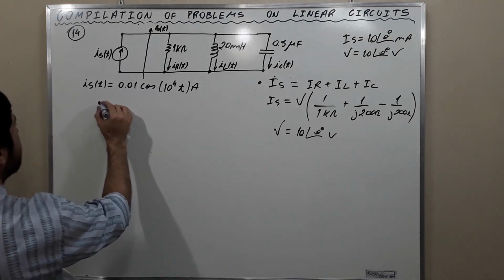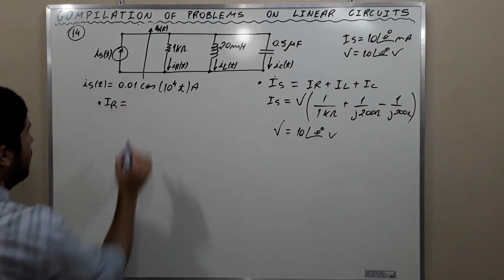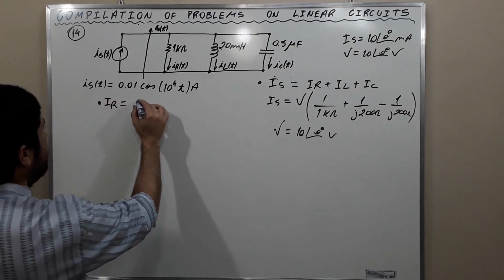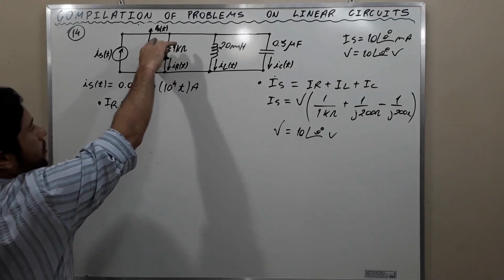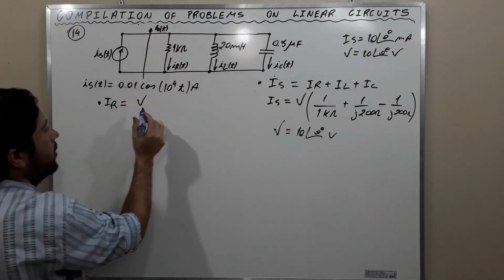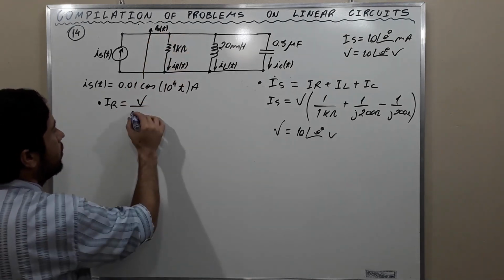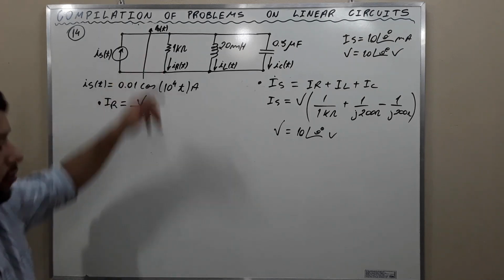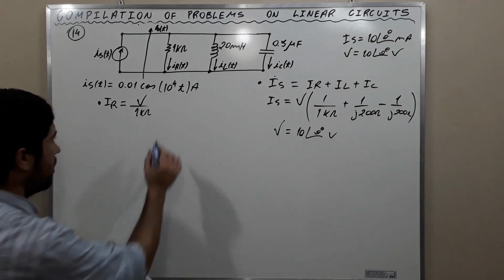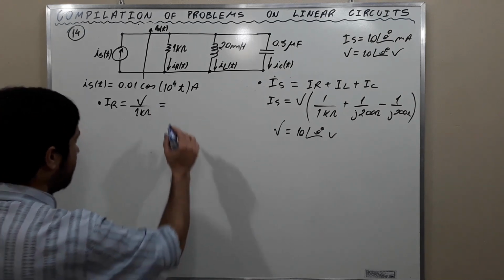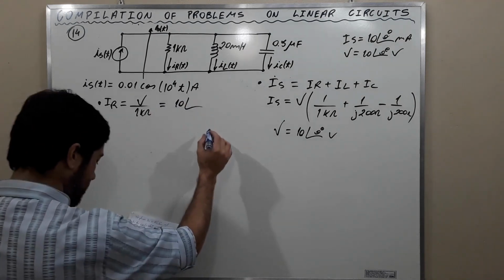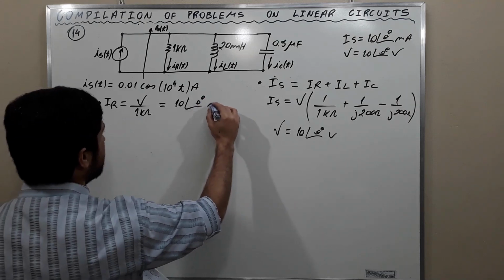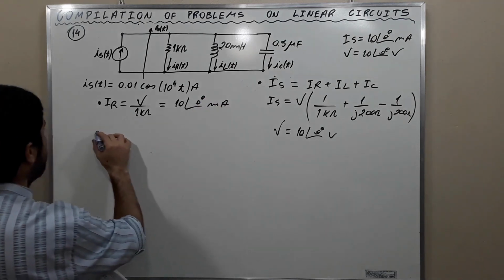IR is equal to V, the value of the voltage, divided by the resistance of this resistor, and we find that IR is equal to 10 phase 0 degrees milliamps.